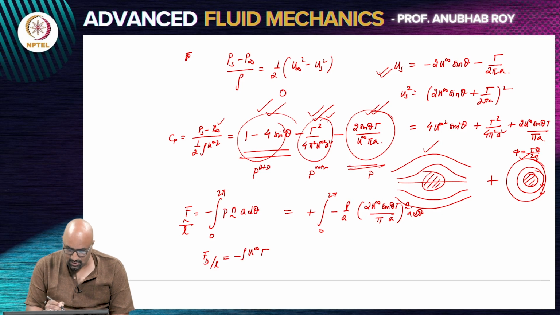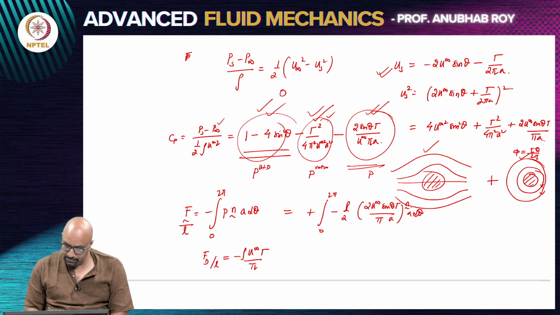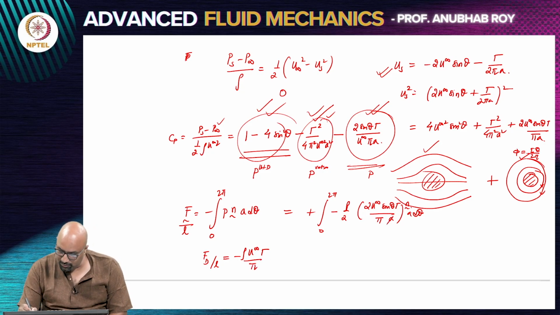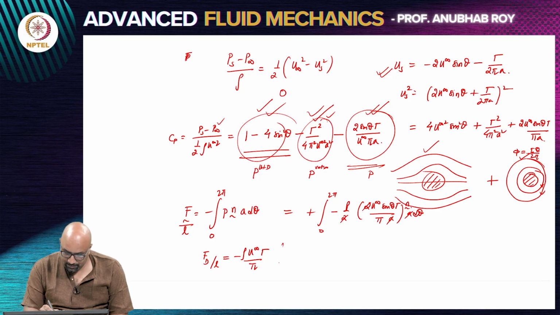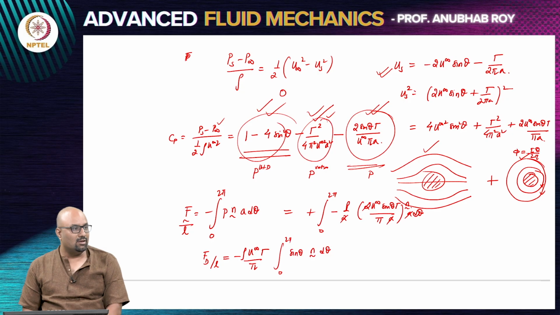So, there is a minus rho u infinity gamma by pi, a and a would cancel out, 2 and 2 would cancel out. So, rho u infinity gamma by pi minus integral 0 to 2 pi sine theta n d theta. You don't need to do the other integrals. We have already shown that they are 0.